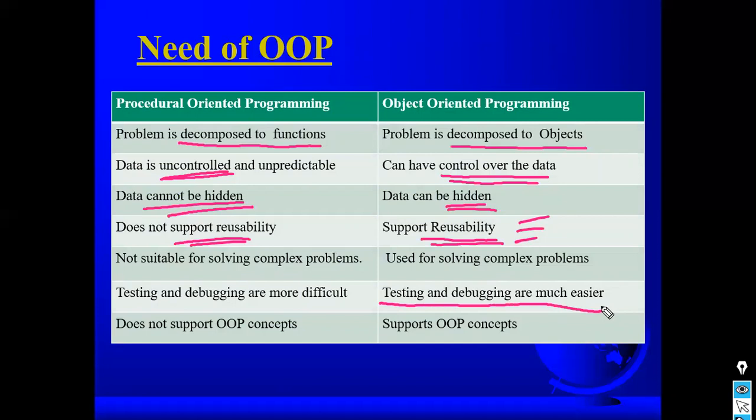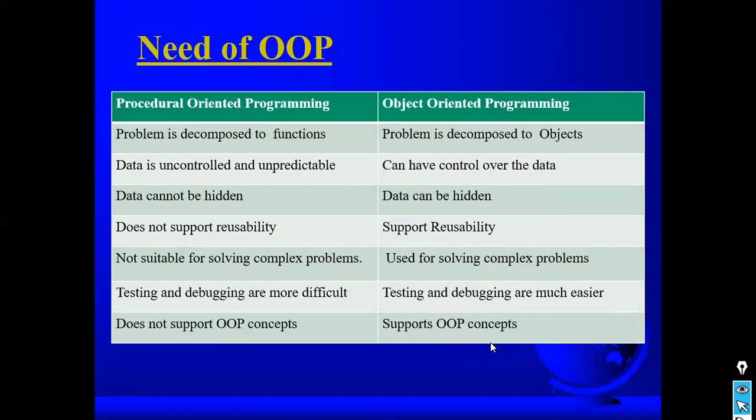As we have already discussed, procedure-oriented programming language is not suitable for complex problems, whereas object-oriented programming language is the better solution. Procedure-oriented programming language does not support OOP concepts, whereas object-oriented programming language does. These are some of the differences which emphasize the necessity of object-oriented programming language.